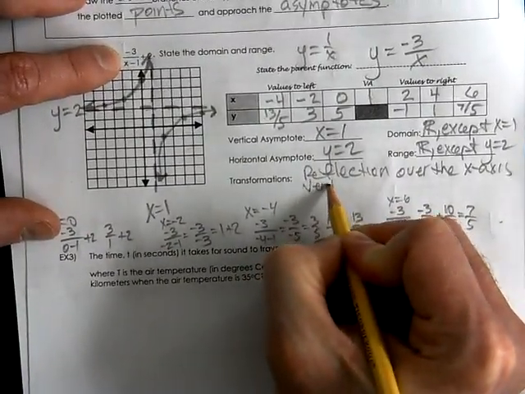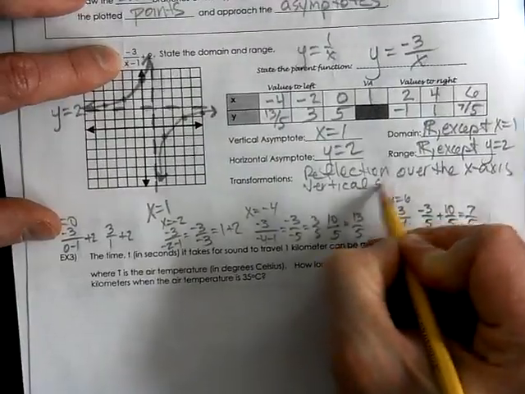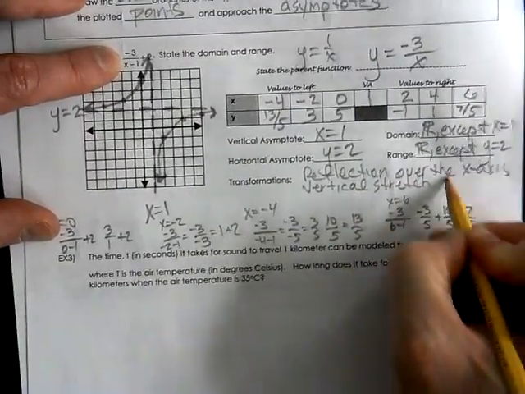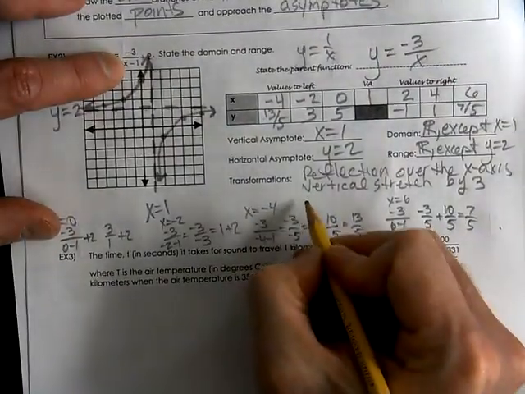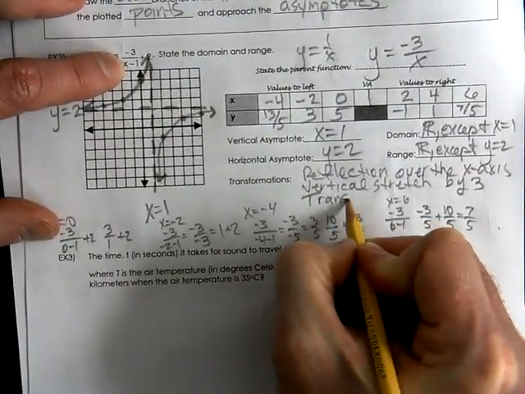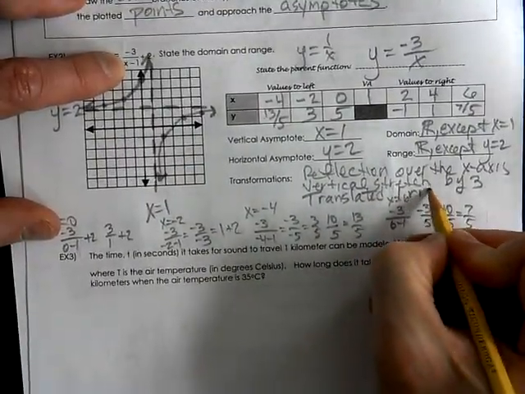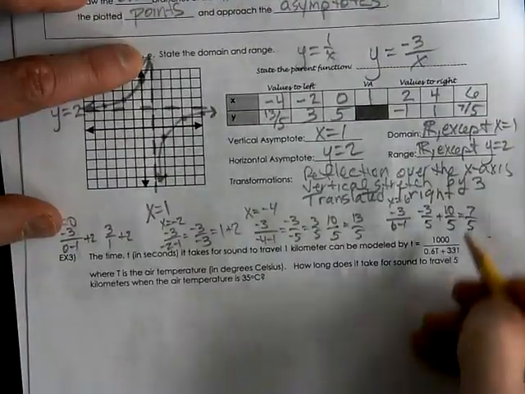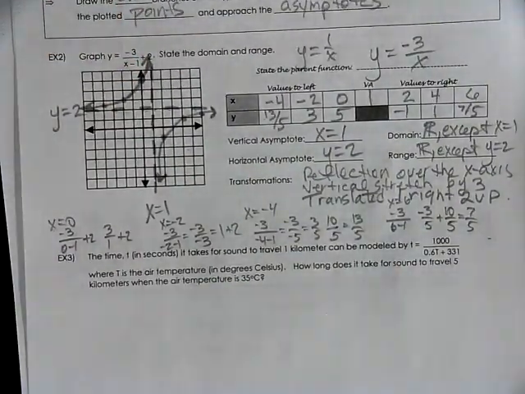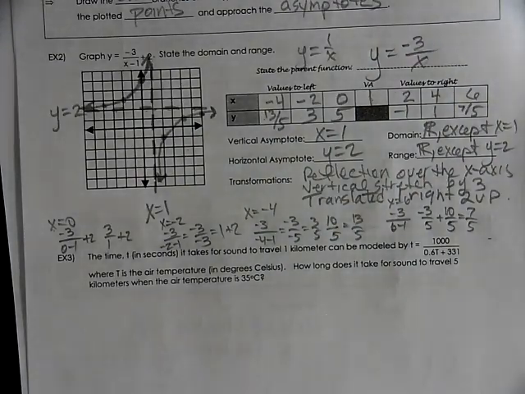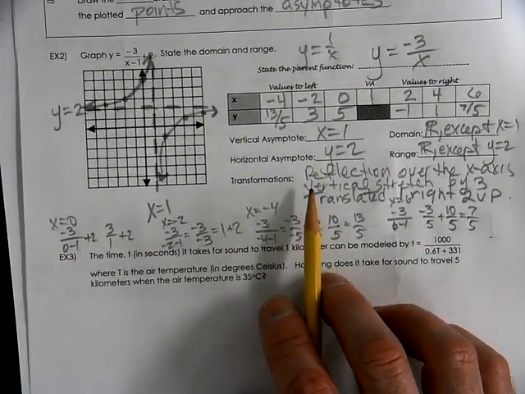We have a vertical stretch by 3, and we've been translated 1 right, and 2 up. That was our transformation. R, S, and T. S is your stretch or shrink.